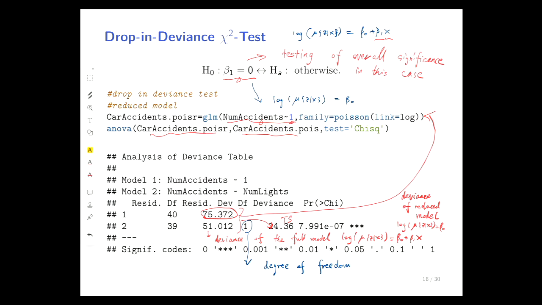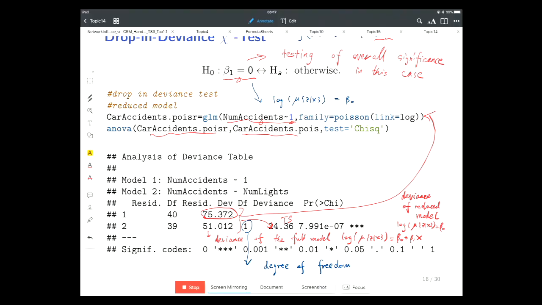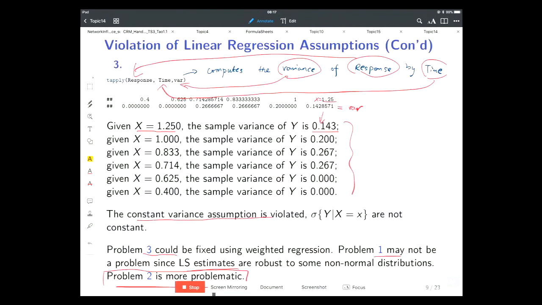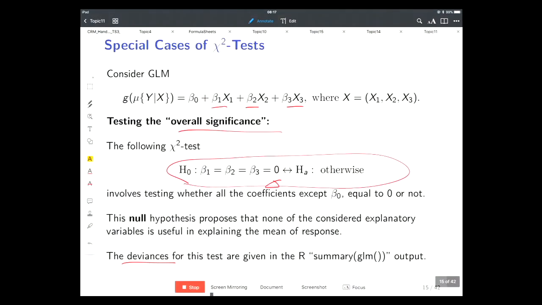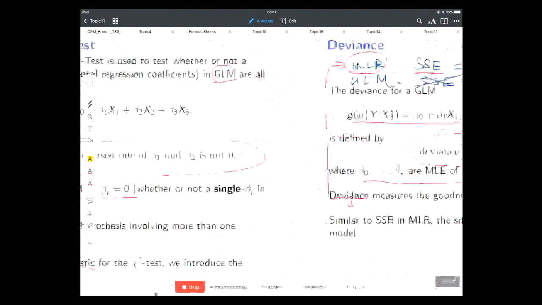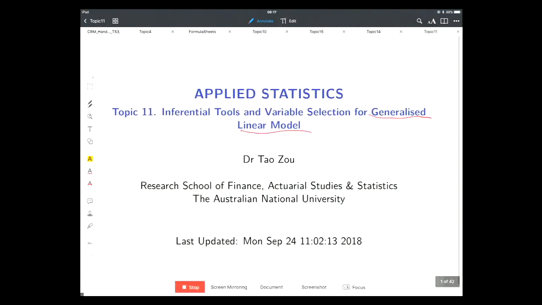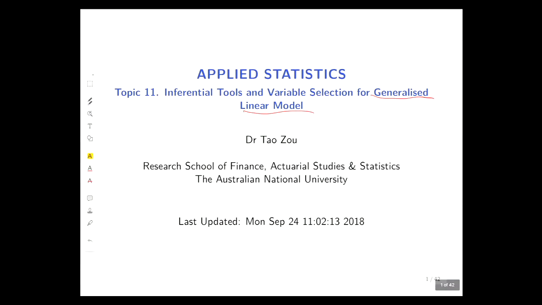The student asked about the difference between the chi-square test and the z-test. Very good question. Let's review some part in topic 11. If you really do not remember how to perform the hypothesis testing and the confidence interval, my suggestion is to review topic 11, because topic 11 is for all the generalized linear models, including the Poisson log linear regression model.